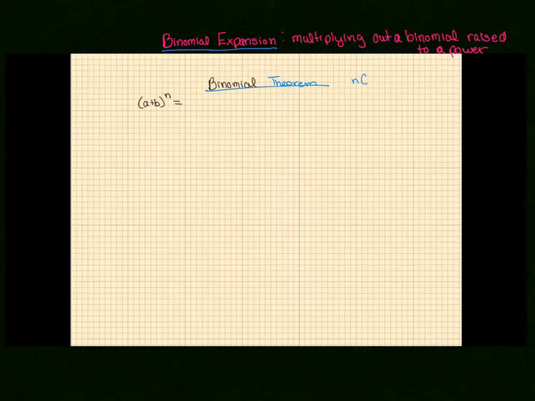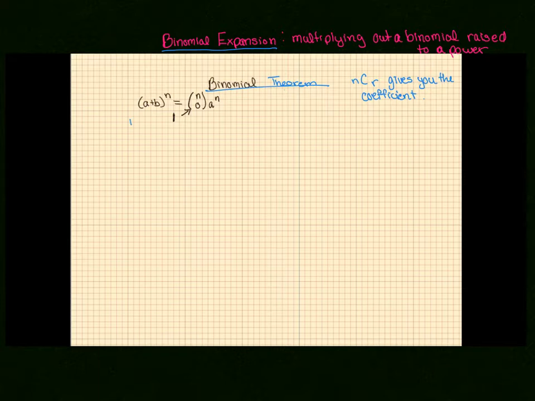We don't know what n is, but we know with Pascal's triangle it should be 1 a to the n. But if we're going to use the binomial theorem, we would say that this is n choose 0 times a to the n. And that would be the first one. Any n value over 0 is going to be equal to 1, just so we all remember this.